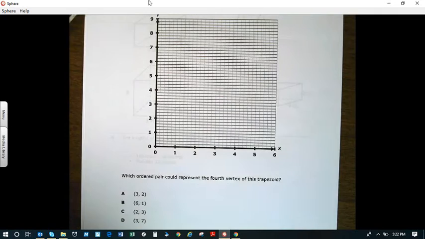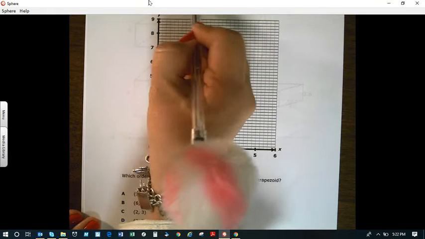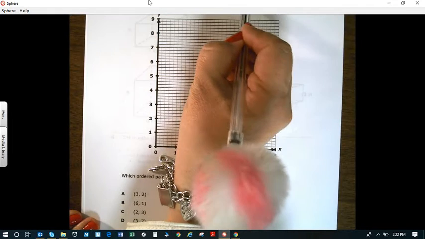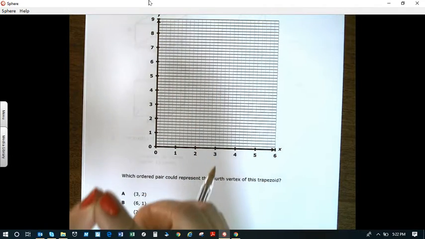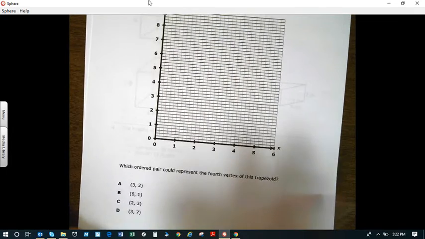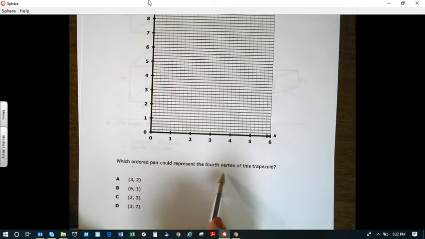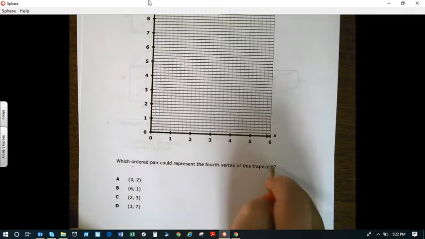All right, let's go to number 2. With number 2, the ordered pairs below represent 3 vertices of a trapezoid. Okay, so I have 3 vertices. It means that point. Remember, where 2 line segments join together to form an angle. All right, so the question is which ordered pair would represent the 4th vertex of this trapezoid?